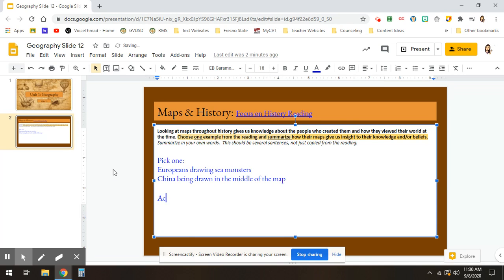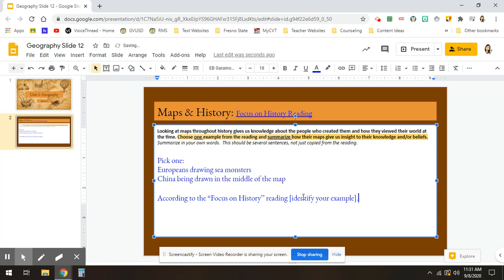My recommendation and a sentence starter could be, according to the Focus on History reading, and then once you've done that, it'll be your job to identify your example, the example that you chose.